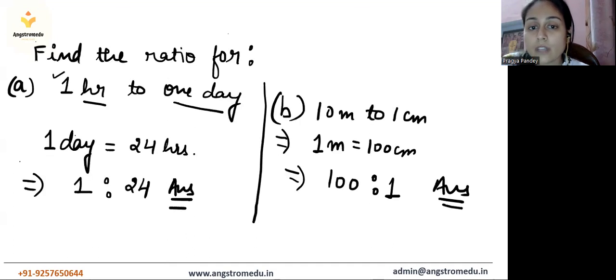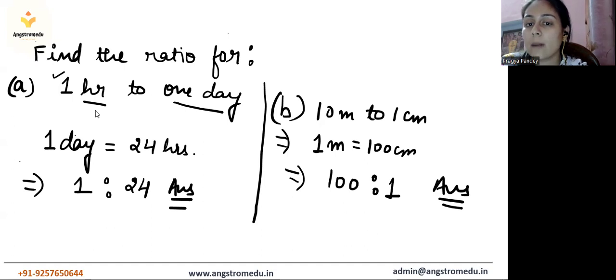After that, we solved a few questions in which we framed the ratio, that is, how to find the ratio for things. We studied that to find the ratio of multiple things, the quantities should be in the same unit.